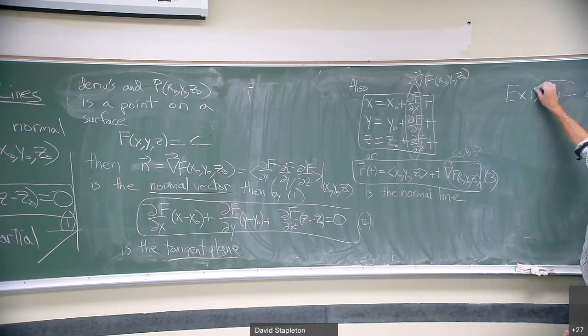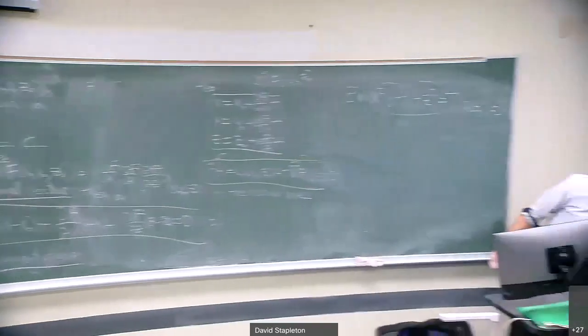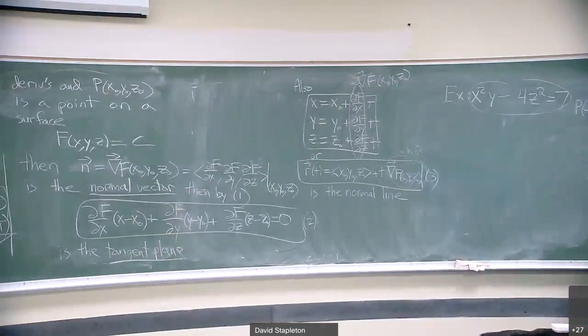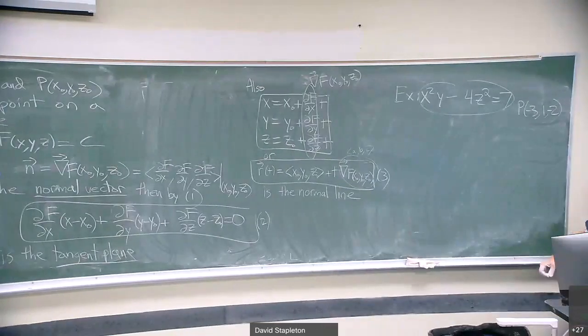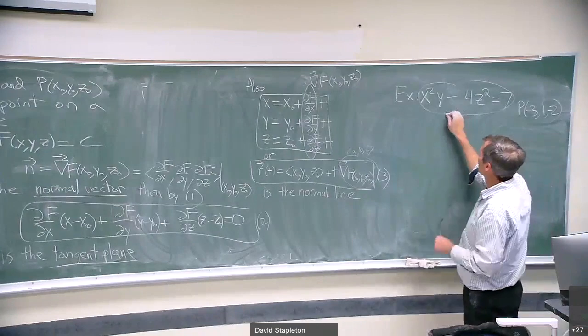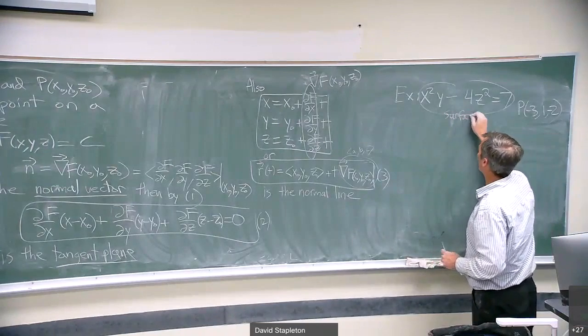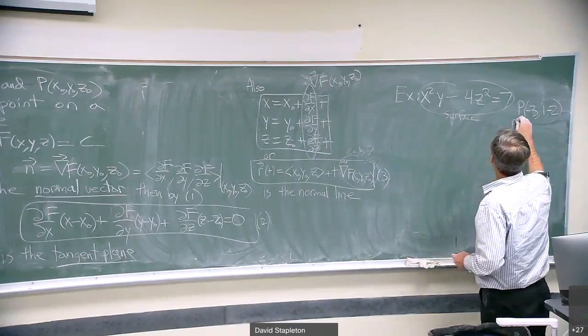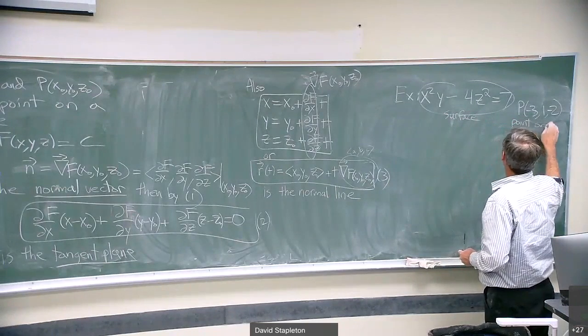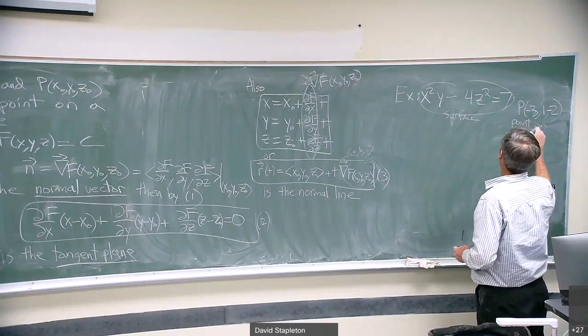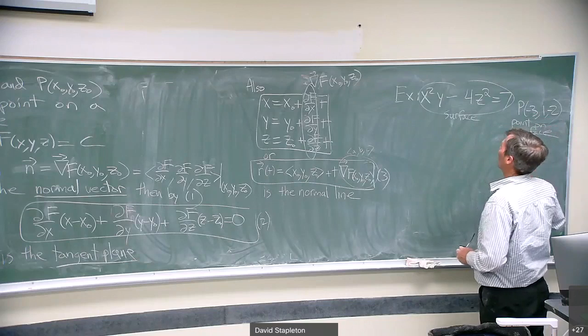Can you move the camera? Yeah, thank you. So here's the surface. Here's a point on the surface. And suppose we said find the tangent plane and the normal line.